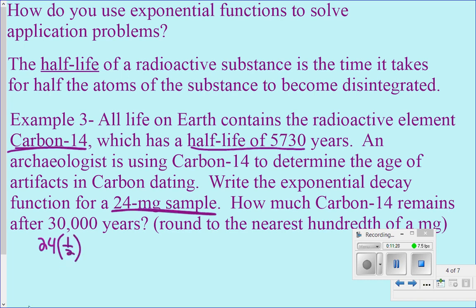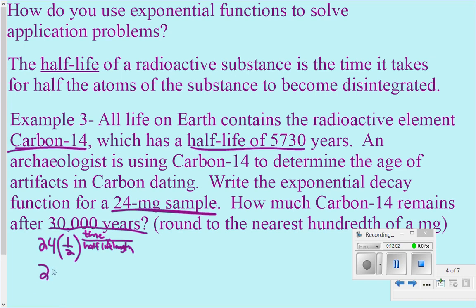So it's 24 times 1/2, raised to, in general, the time over the half-life length. And those have to be in the same units. If they're not, you're going to have to do some converting to get them in the same units. In this particular problem, the half-life is 5,730 years, and the time we're looking for is 30,000 years, so they are both in the same units.